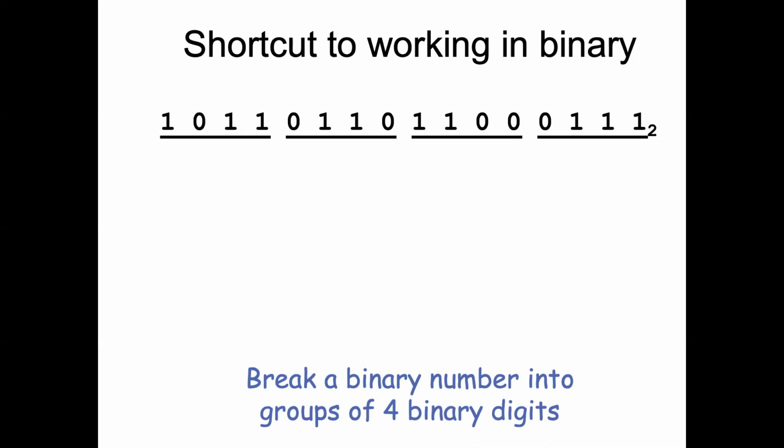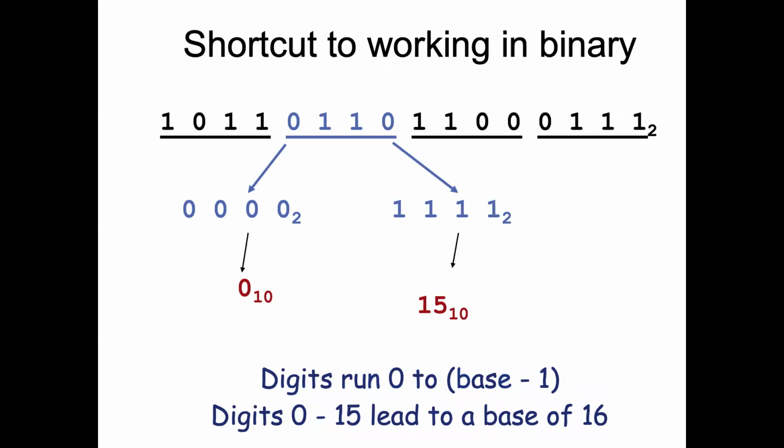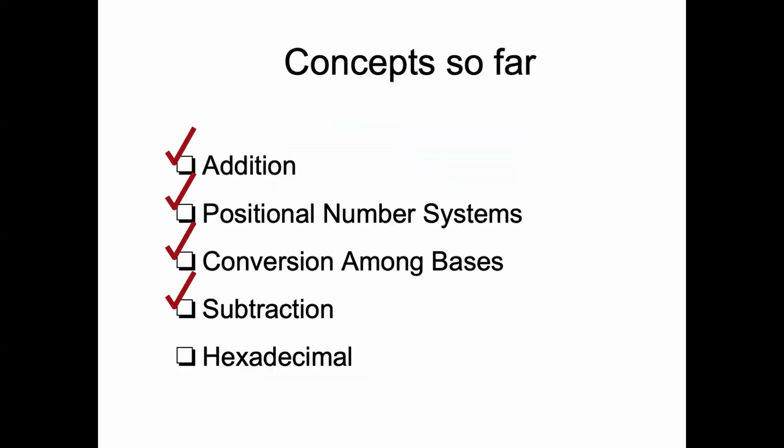That'll give us a much more shorthand way of writing down binary numbers, 4 bits at a time instead of 1 bit at a time. In hexadecimal, we're going to have a rule for representing every possible combination of 4 bits. So 4 zeros in a row is going to be represented by 0 in hexadecimal. 4 ones in a row, that in binary is represented by 15. We're going to have a single hexadecimal digit for that.